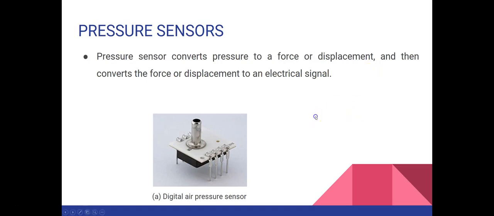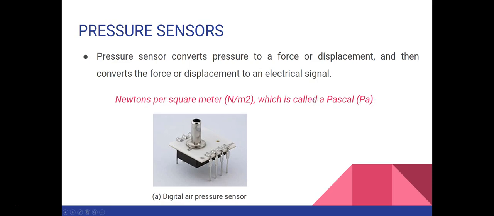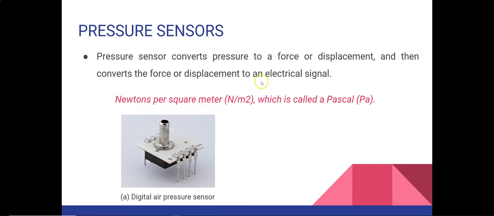Now, the SI unit of pressure is newtons per square meter, which is also called Pascal. And here in the picture, you see a digital air pressure sensor, and that's how it looks.